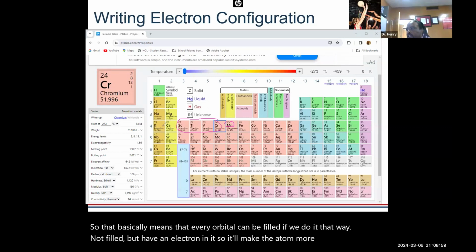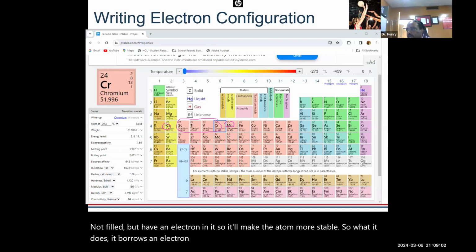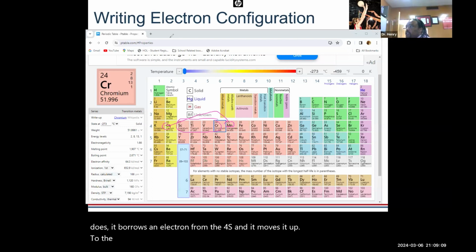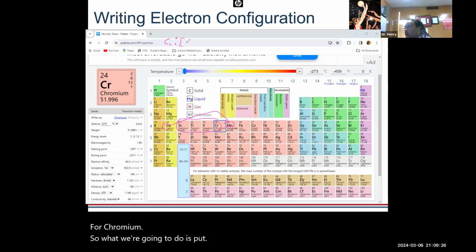So what it does, it borrows an electron from the 4s and moves it up to the 3d. So when you're writing the electron configuration for chromium, Cr, what we're going to do is put Ar, because that would be our nearest noble gas.